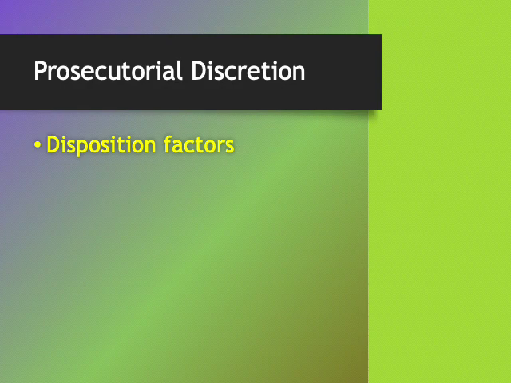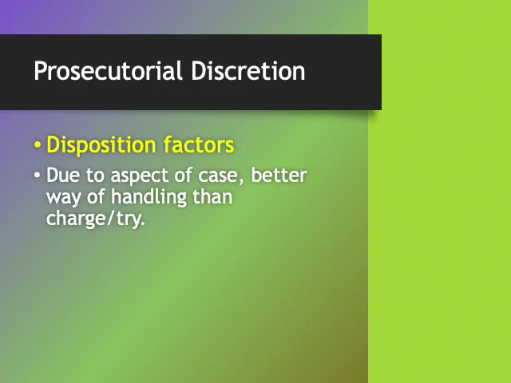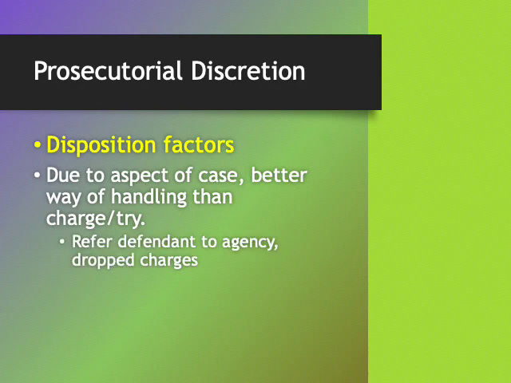Your textbook talks about disposition factors that can be taken into consideration. A prosecutor might look at aspects of the case and say, look, there's a better way of handling this case than charging and trying. A prosecutor could work with a defense attorney, and they could say, look, we're willing to engage in a pretrial diversion.